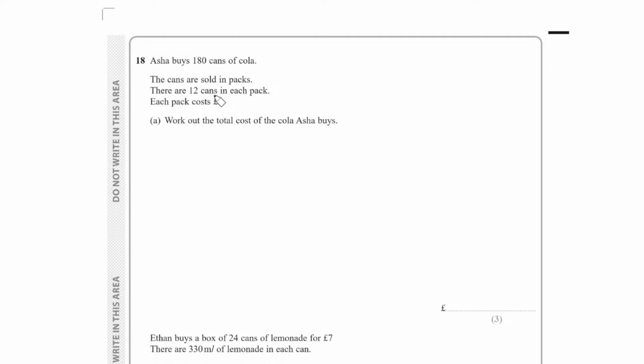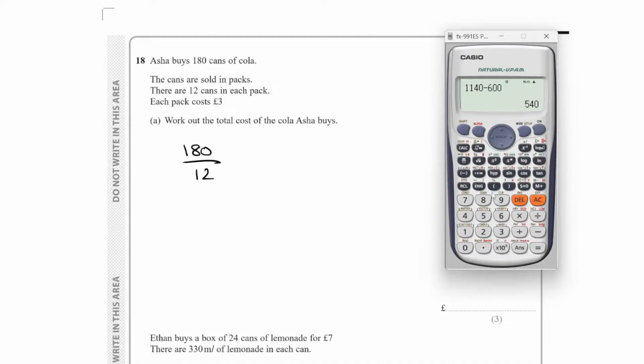So there's 12 cans in each pack, and then we've got the price per pack. So what I would do is go, well, I want to know how many packs of cola she bought. So that would mean doing the total number of cans divided by how many cans are in each pack. That would tell me how many packs there are. So 180 divided by 12.